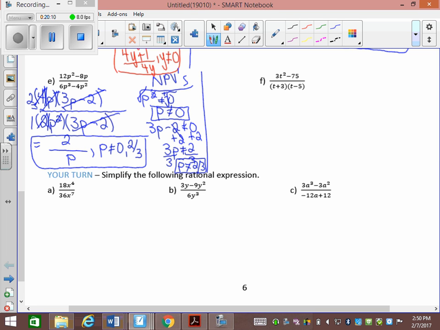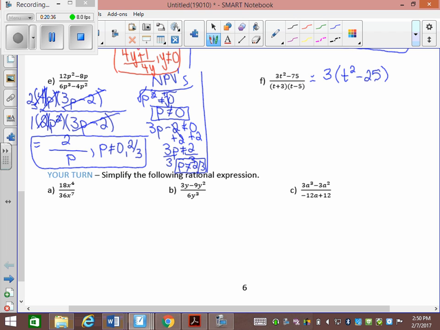F, what can I take out of the numerator in F? Because right now it's not a difference of squares. What can I take out? 3. I take a 3 out, I'm left with t squared minus 25. T squared minus 25 is a difference of squares.